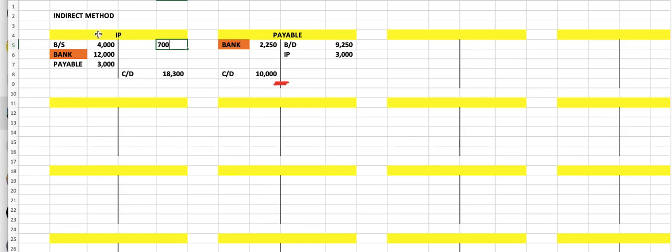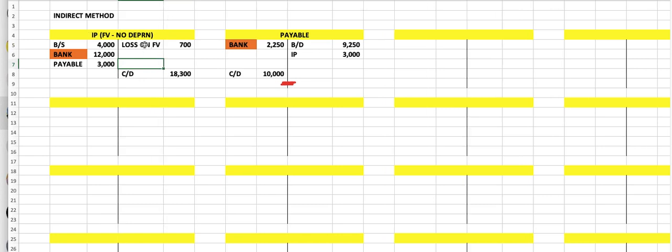So when IP is a fair value model, that means no depreciation. So we cannot say that this 700 is a depreciation. So when it is fair value, we know that we will revalue our IP. So this 700 could be gain or loss on fair value. So since it is on the credit side of the asset, that means your asset reduces. So it must be loss on fair value.